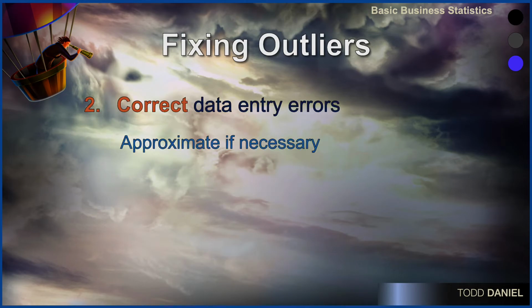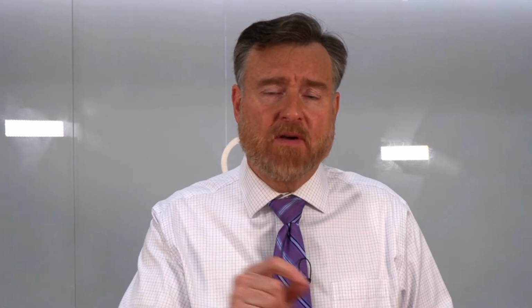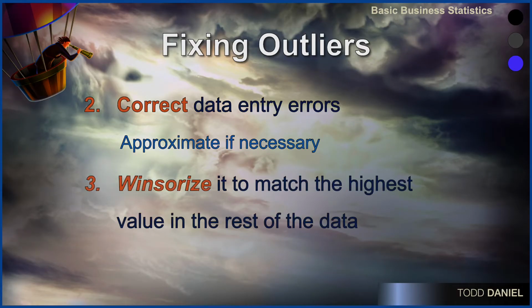If the outlier reflects a data entry error, simply correct it. You may need to approximate. If the score could be a 16 or a 17, you might split the difference and call it 16.5. Another excellent option is to Winsorize your outlier to bring it down in line with the next highest score in your data set.